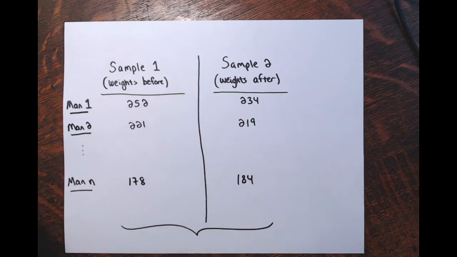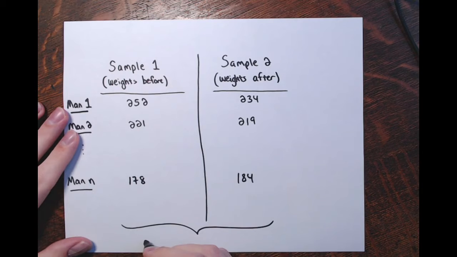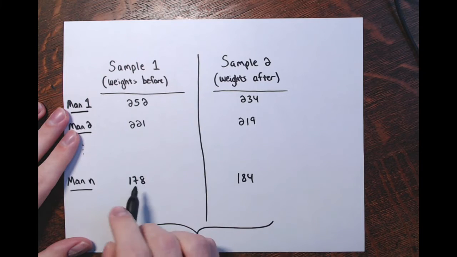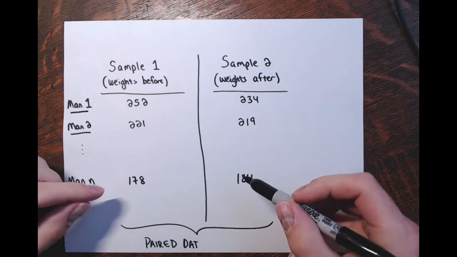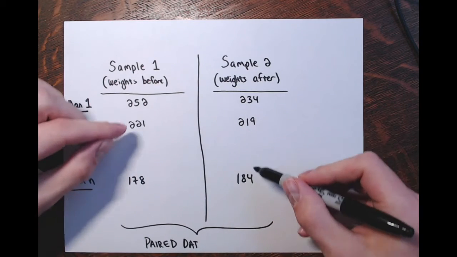So what we have here, again, they didn't give us any numbers or anything, but this is what we're going to be seeing throughout this section on testing for the mean difference in paired data. This is paired data again, because each pair of data corresponds to the same individual. So that means I couldn't change these numbers around.